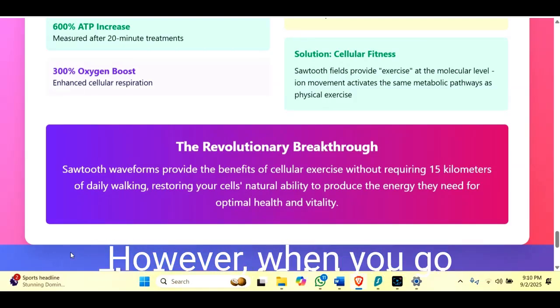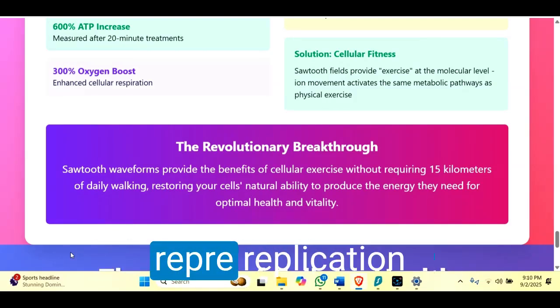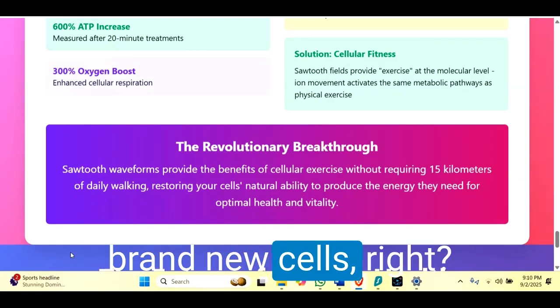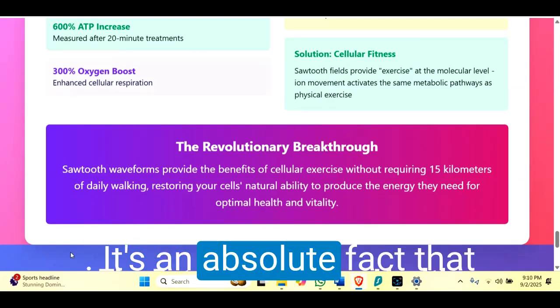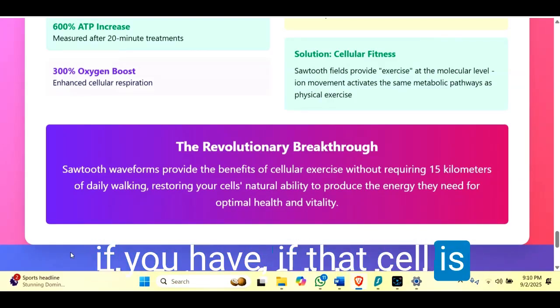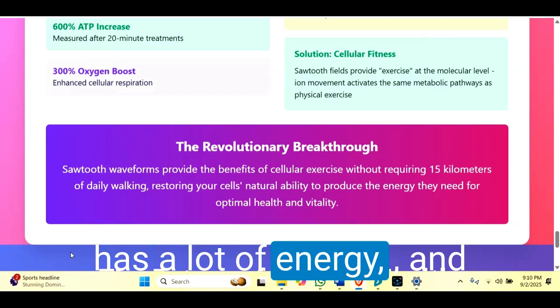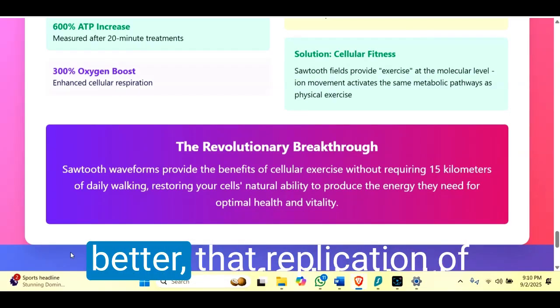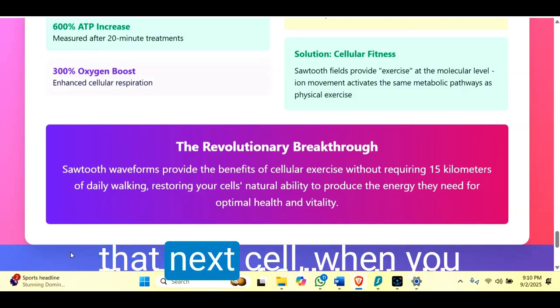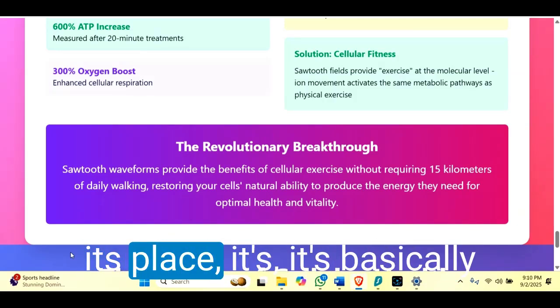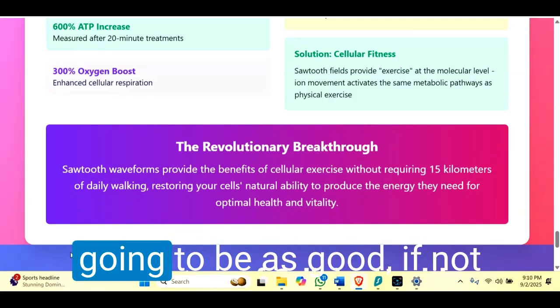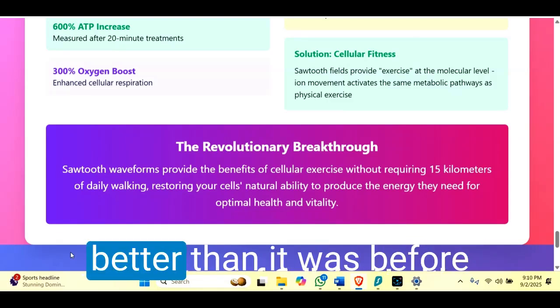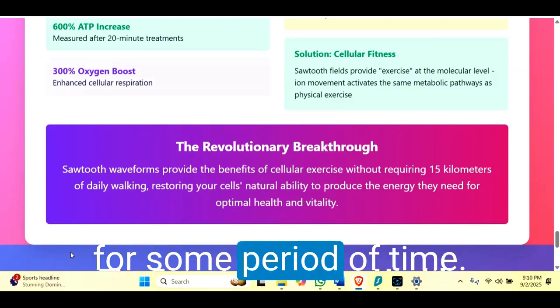However, when you go through the cellular replication processes and get your brand new cells, it's an absolute fact that if that cell is that much healthier and has a lot of energy and your ion transport and cell signals are working better, that replication of that next cell, when you get that brand new cell in its place, it's basically going to be as good, if not better than it was before, for some period of time.